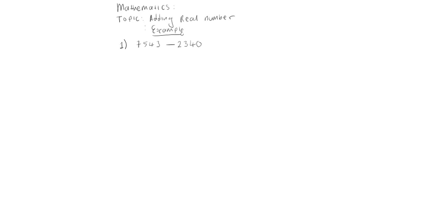Let me add another one. Let's say we have 245 minus 17, like that. Apart from that, we're also going to look at adding, but let us try to solve these two.